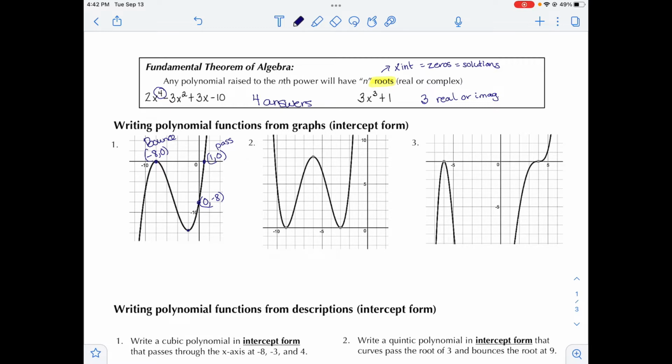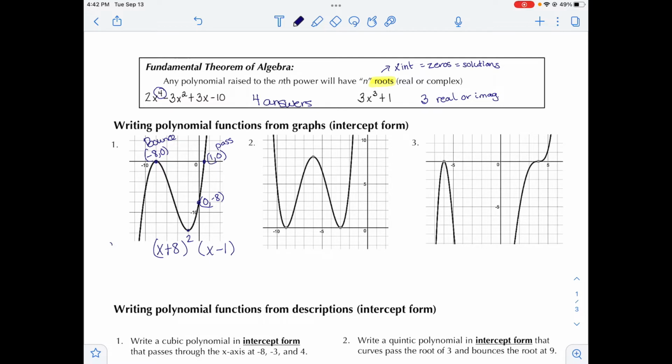So we know that a bounce has got to be some type of even exponent, and a pass is just 1 because it's not a curve pass. So we can start with writing x, because that's a -8, we're going to write +8. And we're going to start it as a 2. It could be more, we don't know, but we're going to start out with a 2. And then we have x minus 1, and it stays as just a 1.